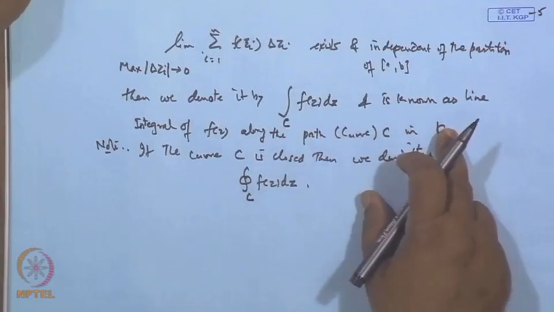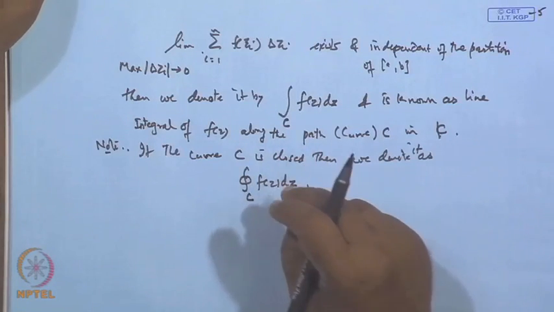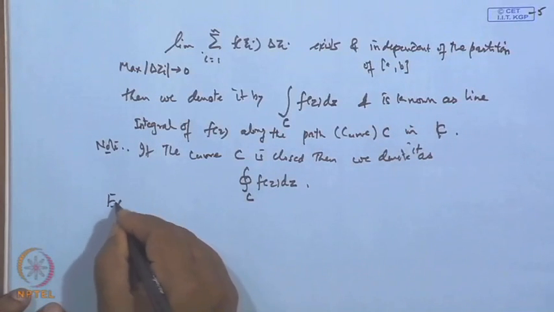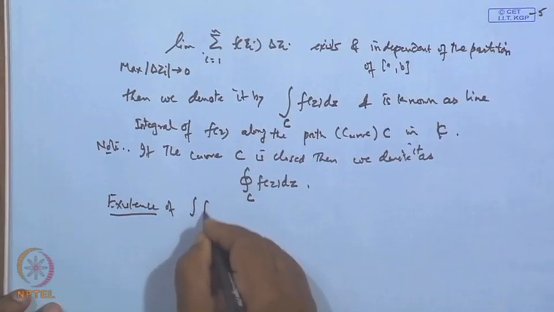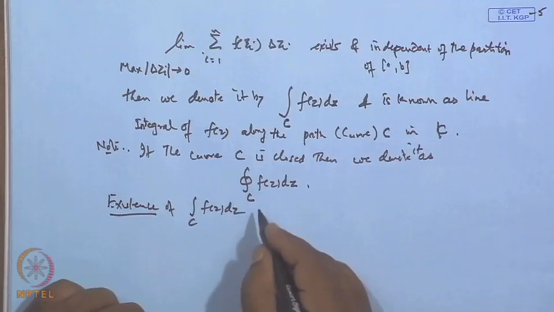And then we are saying that if this limit exists and is independent of the path, then we say the integral is a line integral. But basically our claim is that under this restriction the integral will definitely exist. So, let us see the existence of the line integral along the path C.